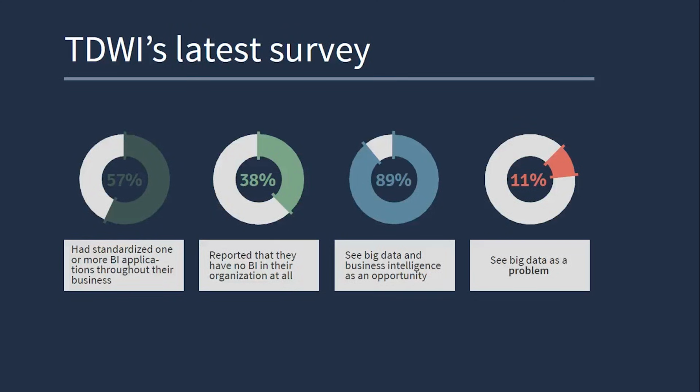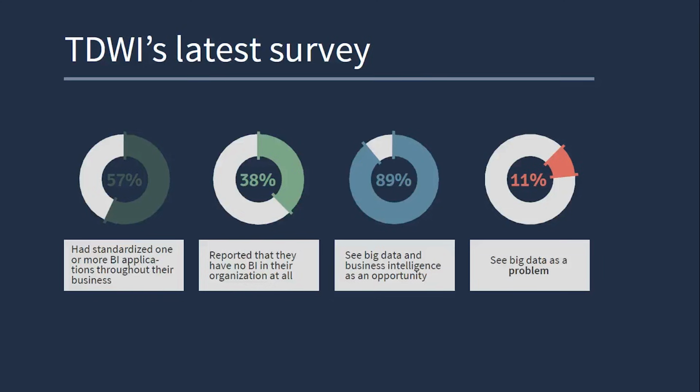So let's look at TDWI's latest survey on business intelligence. Of the companies they surveyed, 57% had already standardized one or more BI applications throughout their business. So that's huge. That's a large jump. And only 38% of companies said that they weren't using business intelligence at all. So a minority of businesses are not using it at all.